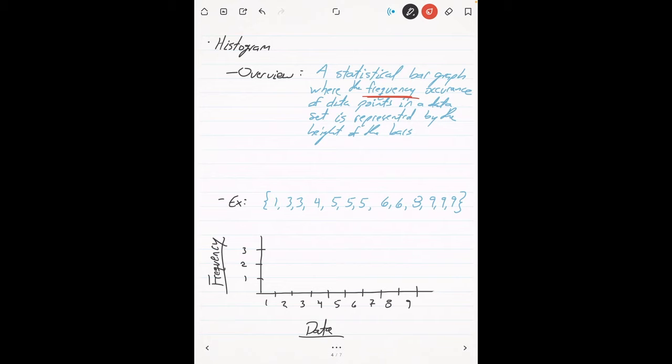Does that sound kind of familiar? Well, wait a minute. Wasn't a dot plot basically us plotting dots to show the frequency of data, and now we're using a bar to show how frequently data occurs. What I want you to understand here, a histogram and a dot plot are essentially going to be the same thing, okay? Pretty much a histogram and a dot plot are basically going to show the same data.